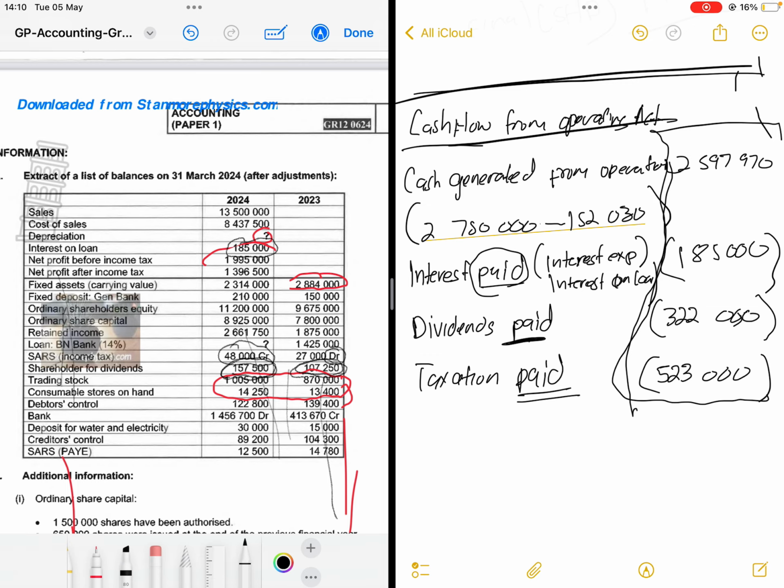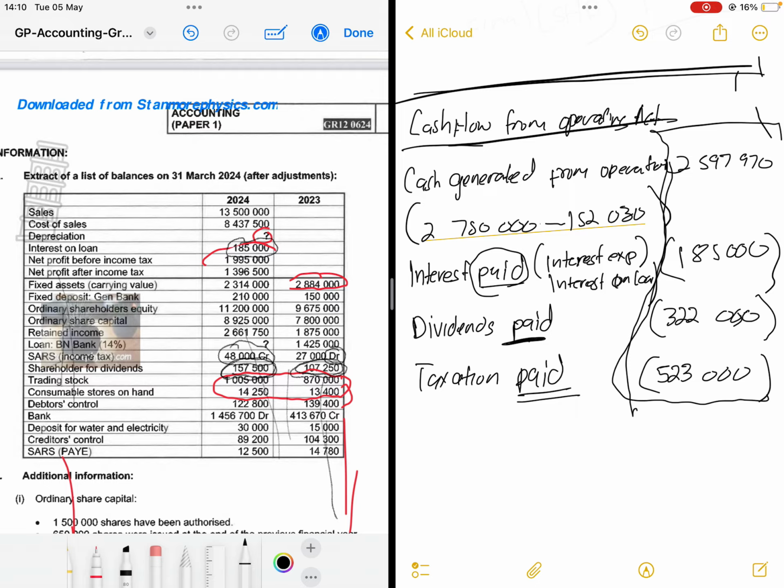My final answer all the time will take the sign of the bigger number. So I add the sum of the negative. I compare with the sum of the positive. Now at 185,000, I add 322,000. Then I add 523,000. Then I get 1,030,000.